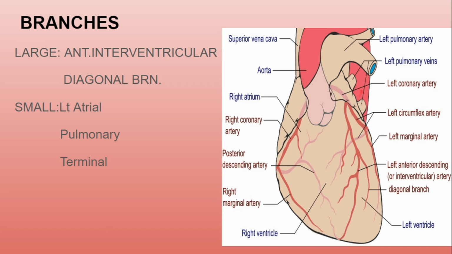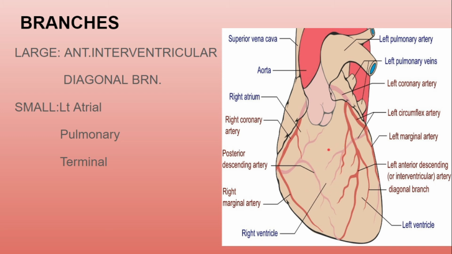This is the left coronary artery. It will give one branch called the left anterior descending artery or the interventricular artery. It will go to this side, and the remaining part of the left coronary artery is called the left circumflex artery, which will wind to the back side, in the left posterior part of the diaphragmatic part of the heart, and it will anastomose with the posterior descending artery of the right coronary artery.